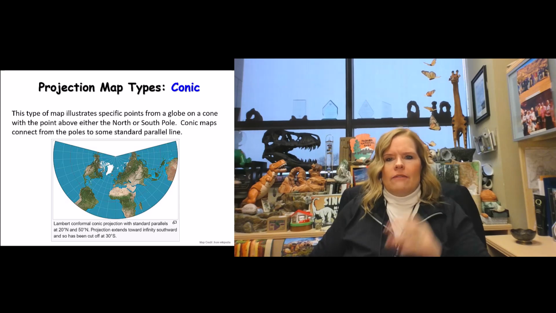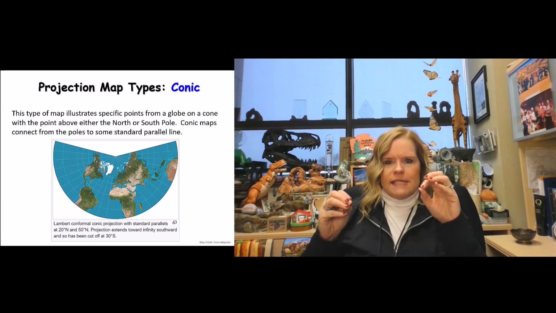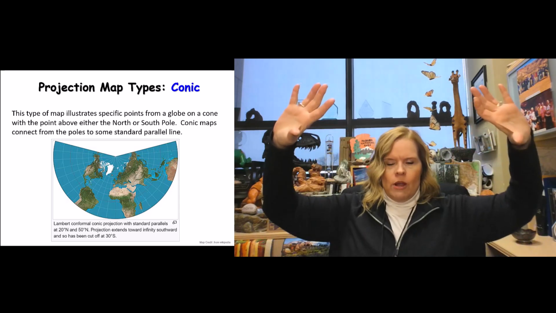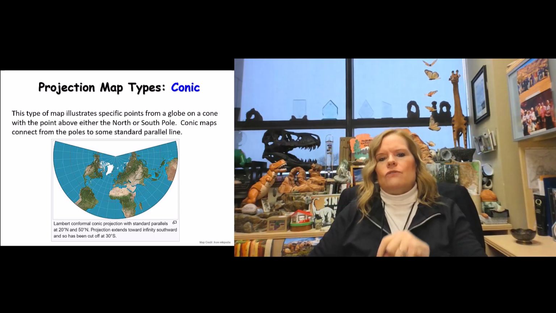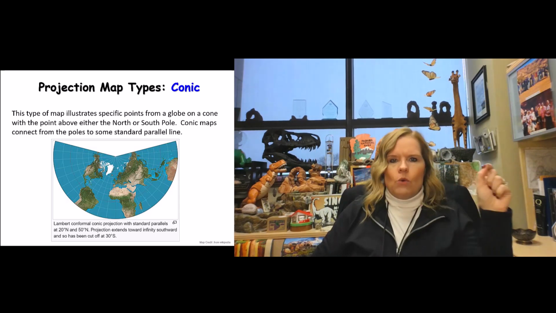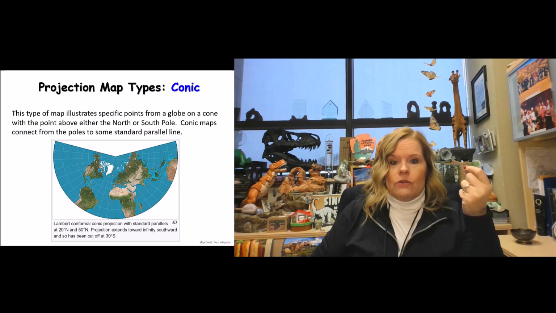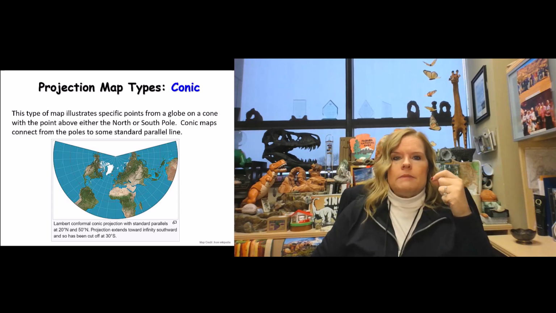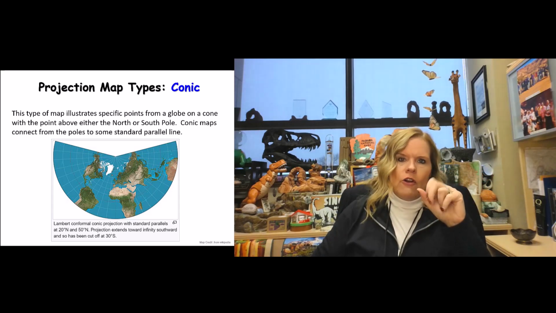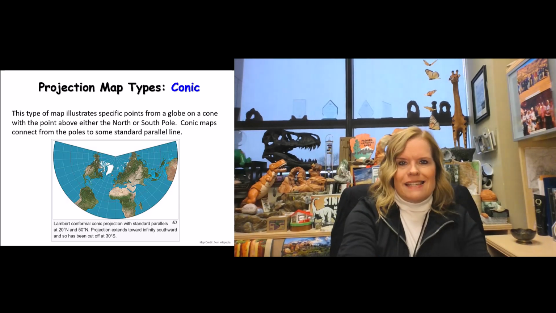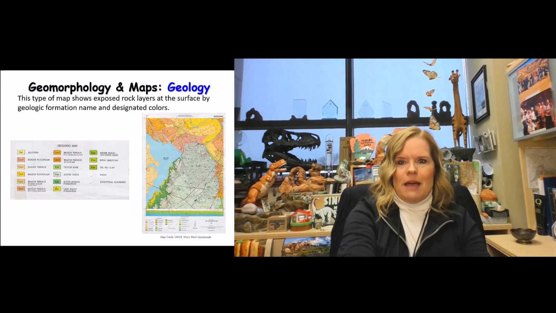But you're looking from the North or South Pole and specifically at a certain degree latitude belt range, and you're looking at those land masses from the polar regions outward. These are used a lot when we're looking at certain types of roads or certain types of zoomed in areas, especially the closer you get to polar regions. But again, there's some distortion, just like you would see in your other types of maps.